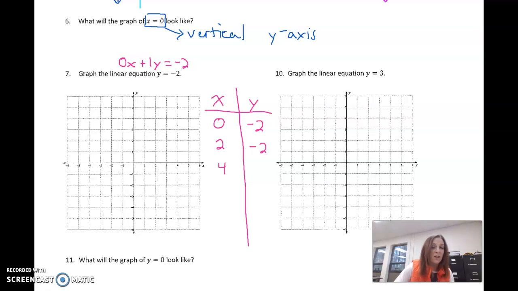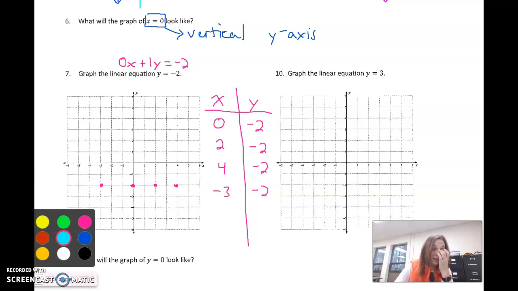If I put a 4 in for x, that'd be 4 times 0, which is 0, and we're left with y equals -2. You're getting the idea. It doesn't even matter if you put a negative in. 0 times -3 is still 0, and we're left with y equals -2. So if I plot these points, (0, -2), (2, -2), (4, -2), (-3, -2), you should see the shape forming here, right?